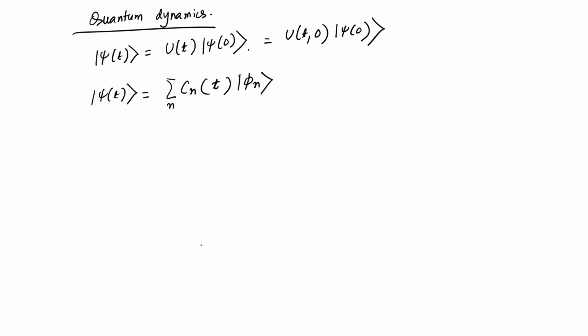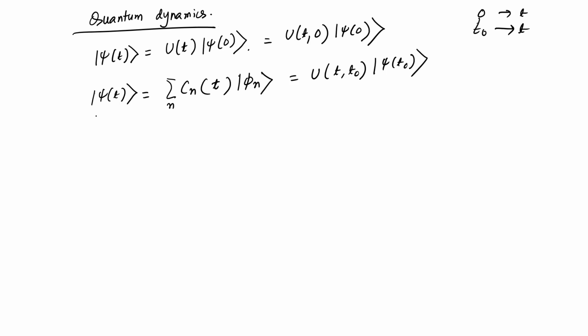And so, this is nothing but U of t, t0 acting on psi of t0. Okay. So, you are evolving it from a time t0 to a time t, or you can evolve it from 0 to a time t; it does not matter, we have just written it that way to make it more general.